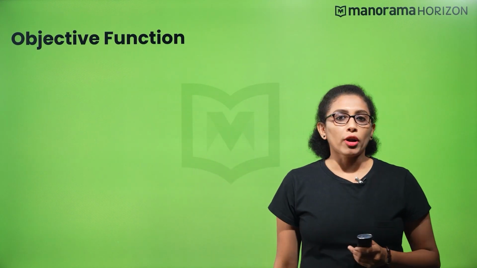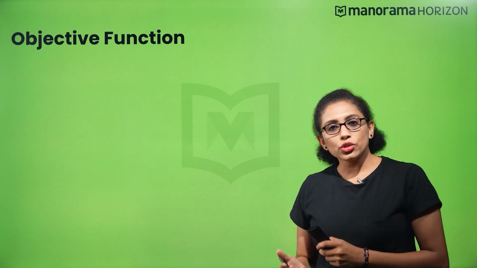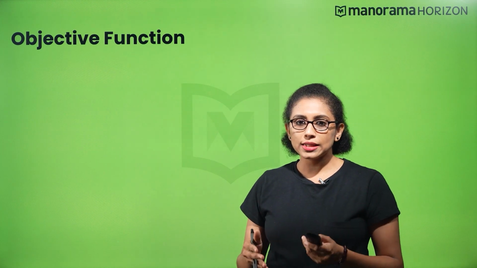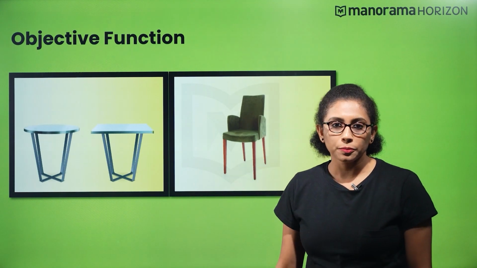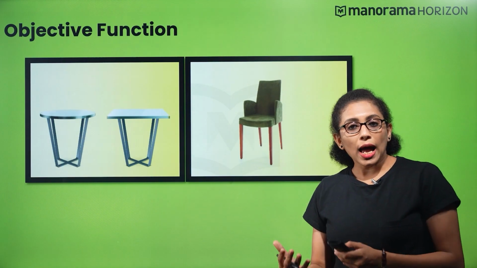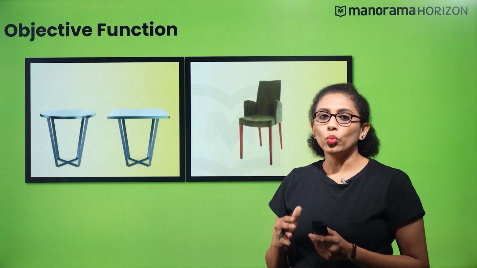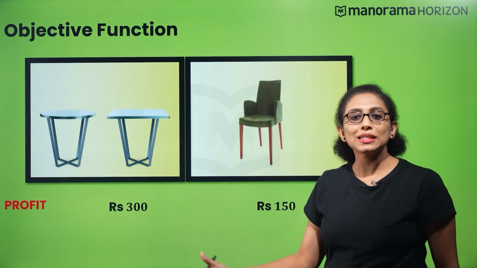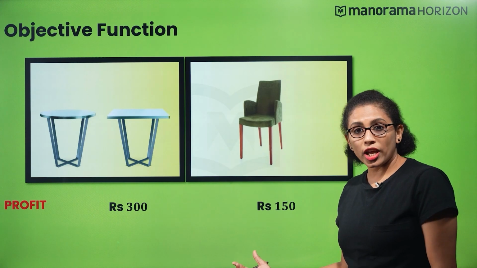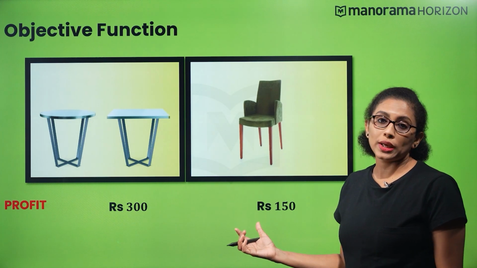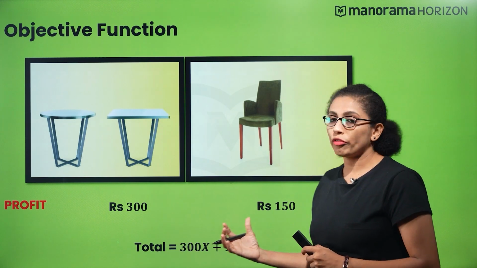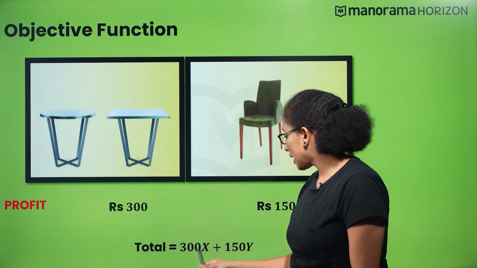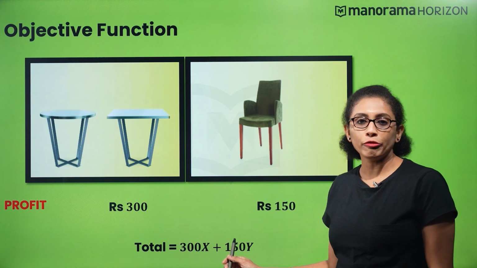First one, objective function. In the above illustration we just discussed, let's say I sell x tables and y chairs. Given that selling a table will give you a profit of rupees 300 and selling a chair will give you a profit of rupees 150, my total profit would be 300x plus 150y.